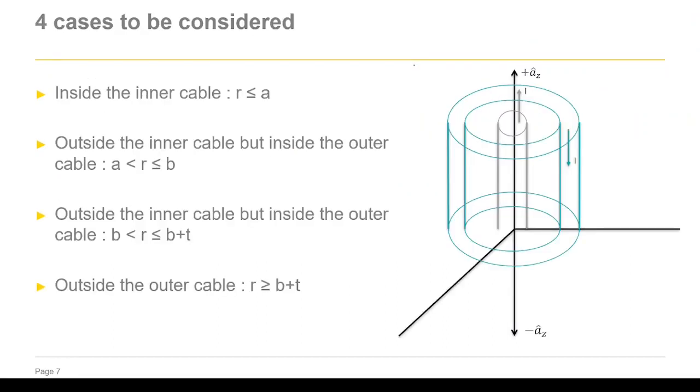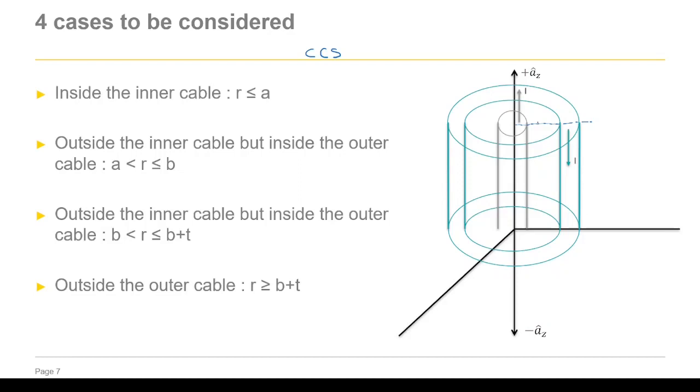Upon closely observing the scenario, we understand that the cylindrical coordinate system would be best to describe this situation. And since the current is in the positive z direction, we observe that there are different cases where the magnetic field is going to exist, right from the distance from the z-axis being equal to 0 going radially outward.